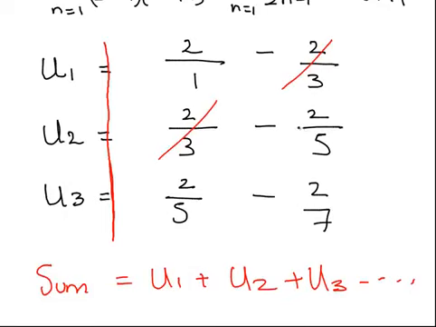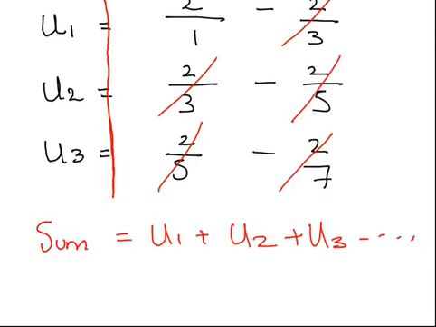We add u3, and minus 2 over 5 and plus 2 over 5 cancel out. Likewise, minus 2 over 7 will cancel out with the next term, and so on. What we are left with is essentially 2. All the components cancel out, so the answer just ends up being 2.